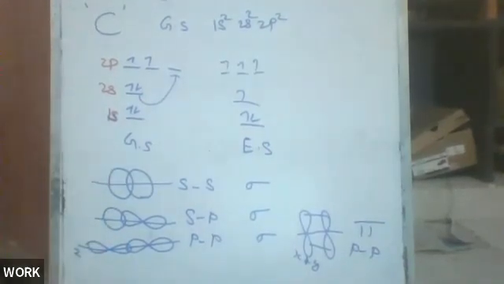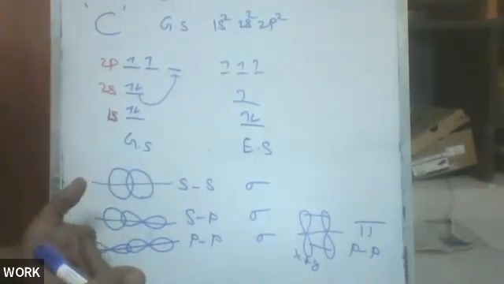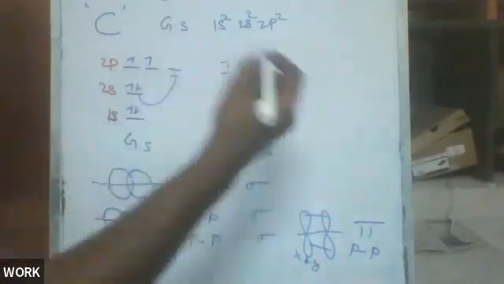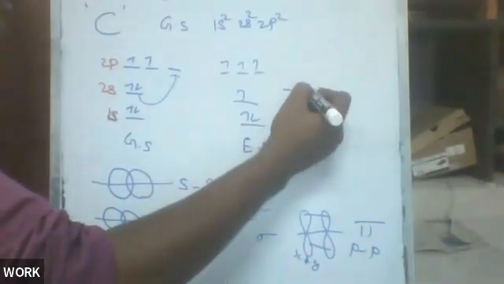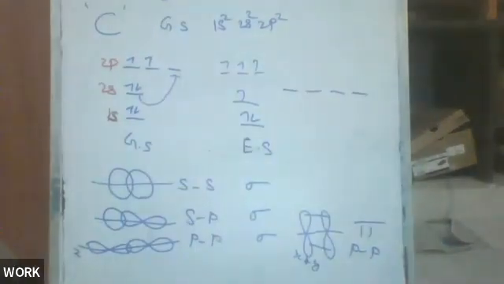To account for that, one person said that the carbon's 2s and 2p orbitals, which are involved in the hybridization, that means the orbitals of nearly the same energy, undergo hybridization and form a new set of orbitals which are equal in energy and are oriented in space as far apart as possible.